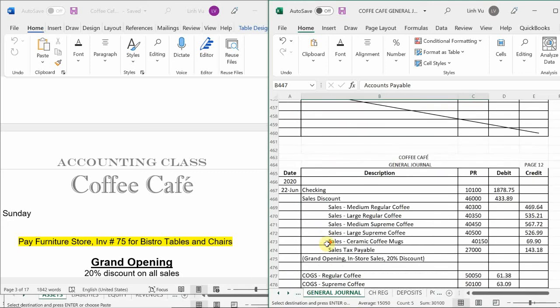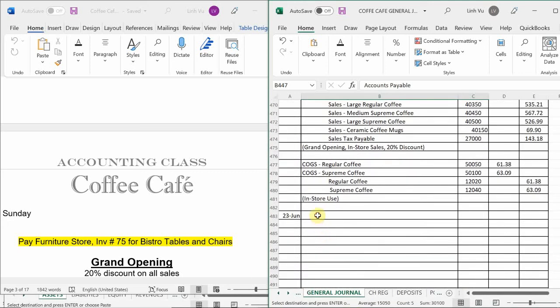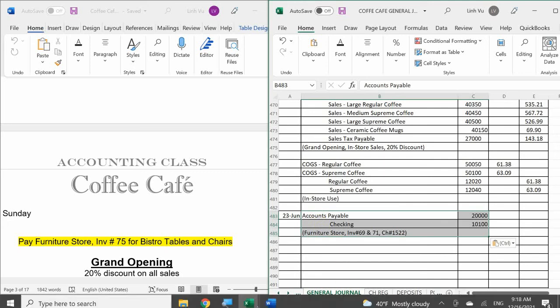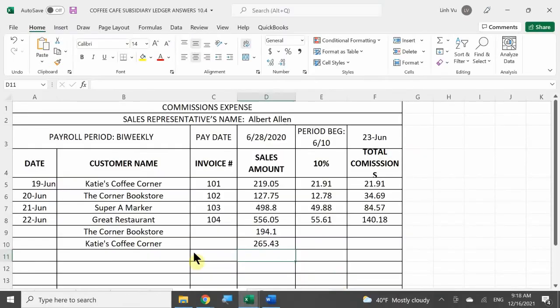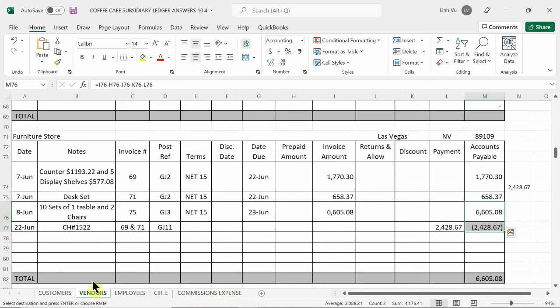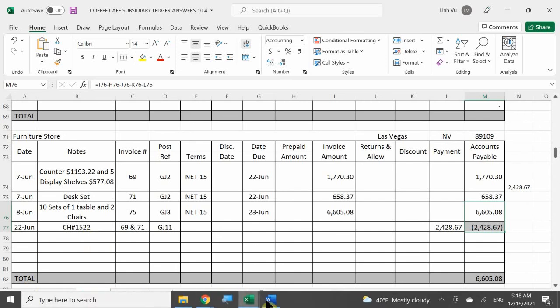And we go to the subsidiary to see how much it is. How much is it for the bistro tables and chairs? 6,605.08. Okay.